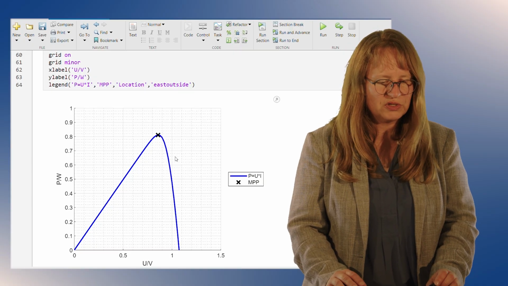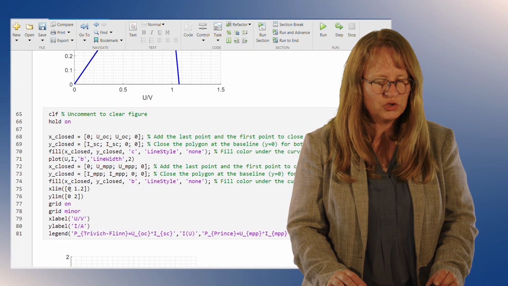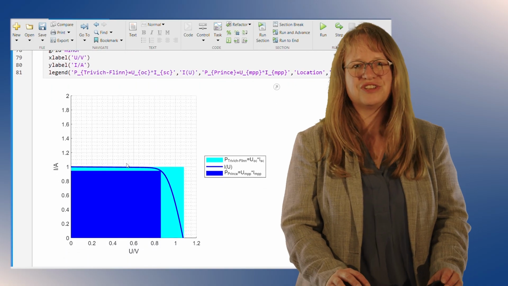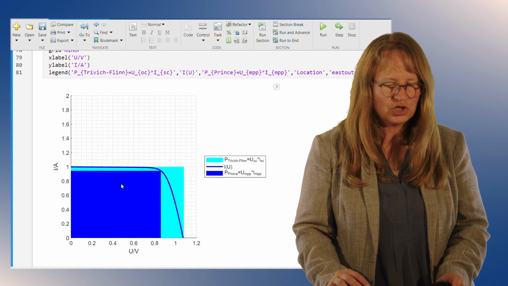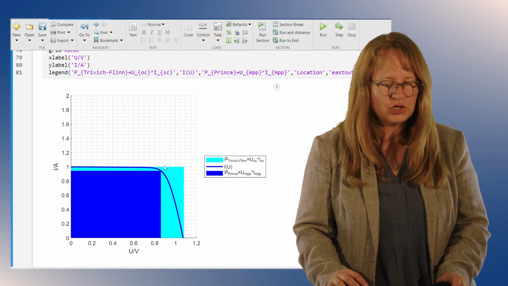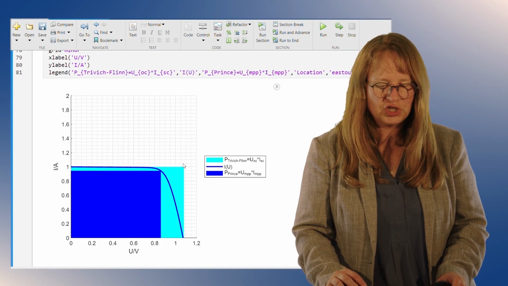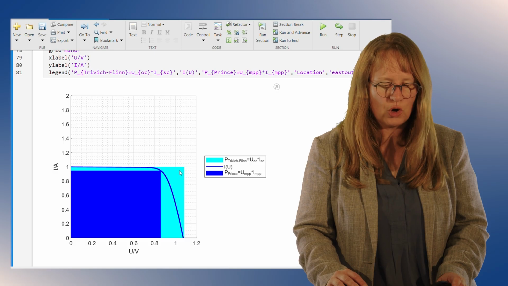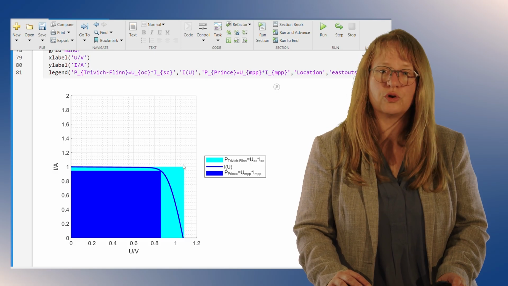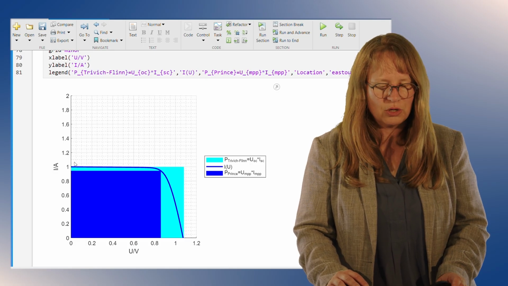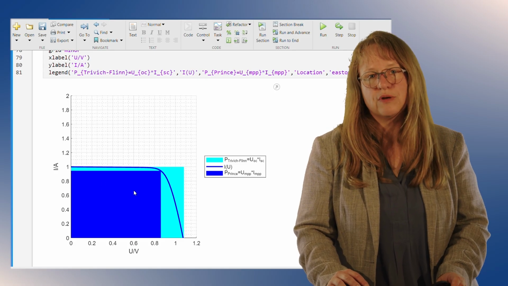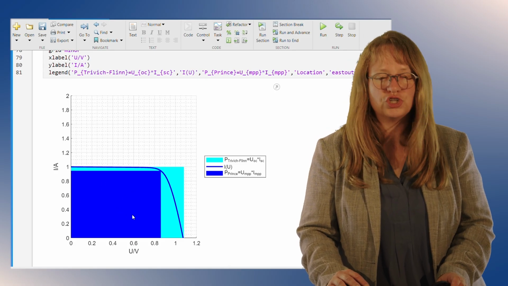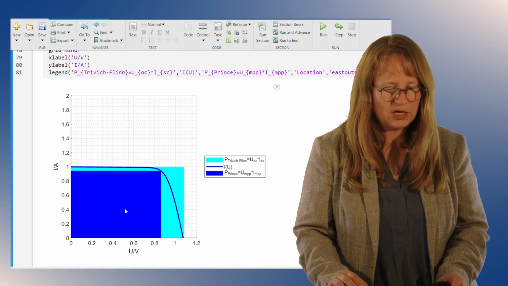And I actually proceed by then also plotting a graph as I was just showing you in the last video also. So this graph then shows the IV curve. It shows what the Trivich and Flinn efficiency is, multiplying the open circuit voltage with the short circuit current. And it also shows what the Prince efficiency is, considering the fill factor then additionally as this dark blue area here.